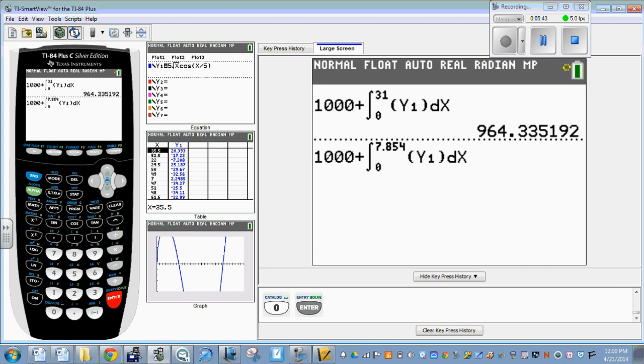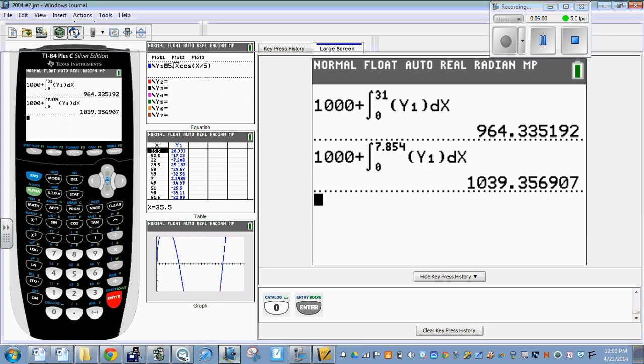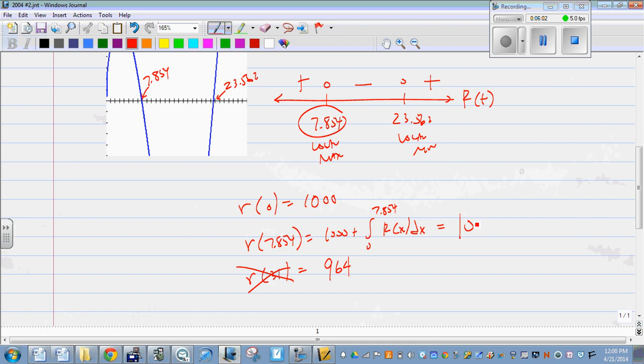Now, we could store that value in the calculator to figure it out a little more accurately, but this is enough to tell us that this one is going to be larger than the other one. We don't need an exact answer. We end up getting 1039.357, and that's going to be our maximum number. So 1,039 mosquitoes.